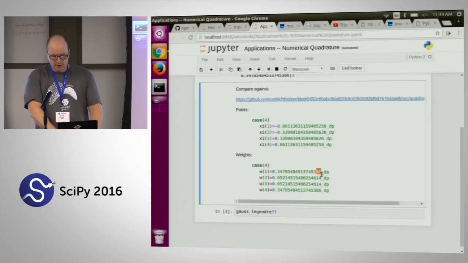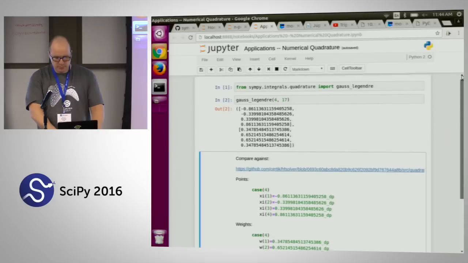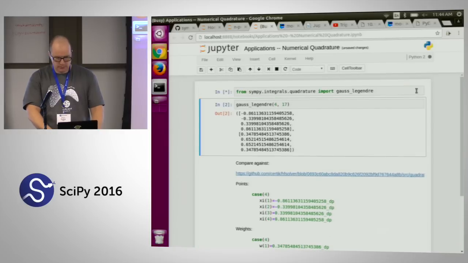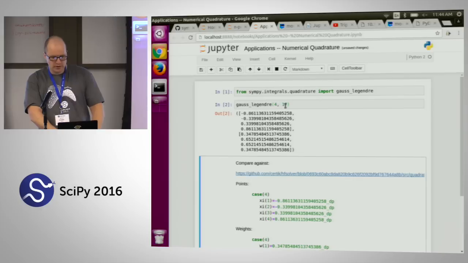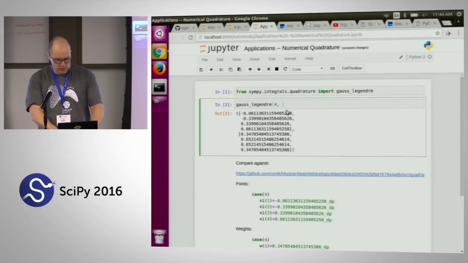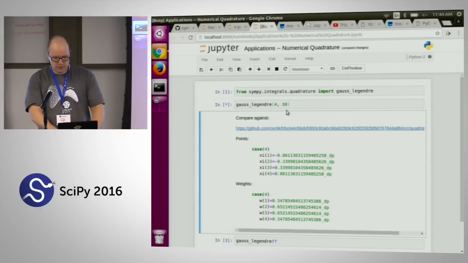And it turns out that for high order, they are not as accurate. And so I needed to have full double precision accuracy for all those weights and points. So in SymPy, you can use integrals.quadrature, and then let's say Gauss-Legendre quadrature. So you can just call it. You tell it which order you want and how many digits you want, and you can do more. You can do 30 digits if you want.